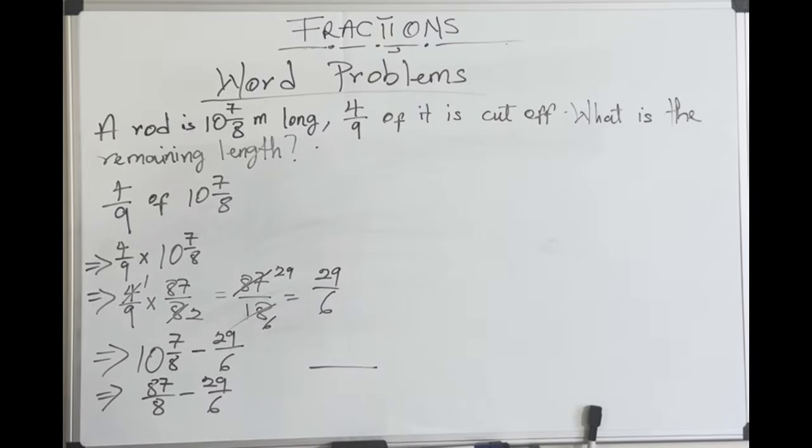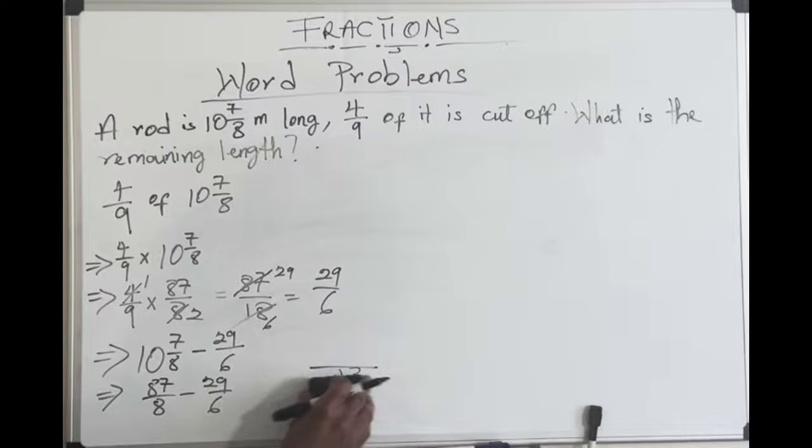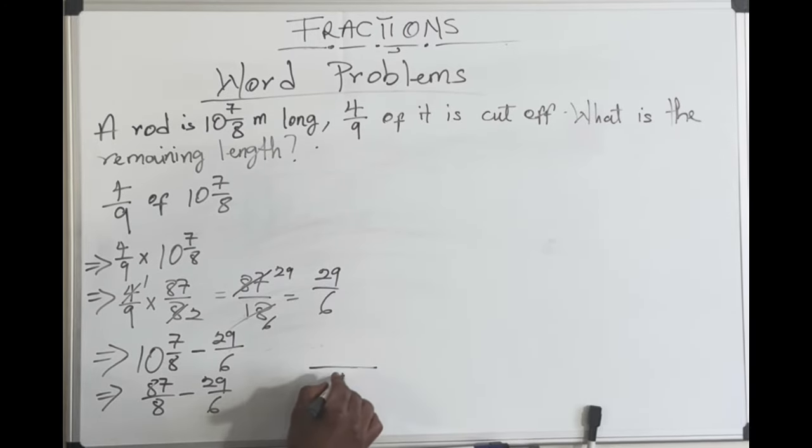So common multiple, LCM between them will be 48. So 8 into 48 is 6, and then 8 times... Okay, so LCM for 8 and 6 will be 24.